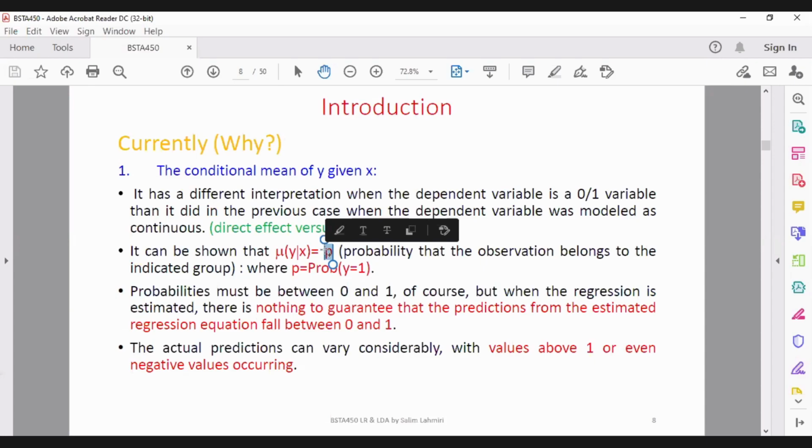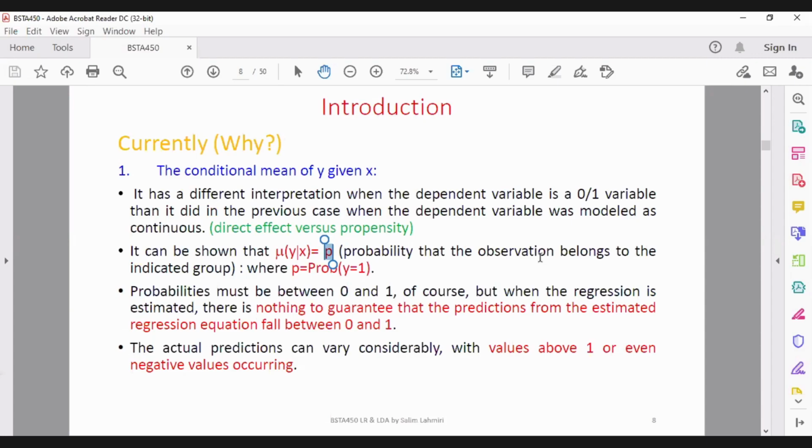So the actual predictions can vary considerably, with values above 1 or even values below 0. In this case, we cannot have probabilities larger than 1 or negative probabilities. By definition, a probability is always between 0 and 1.